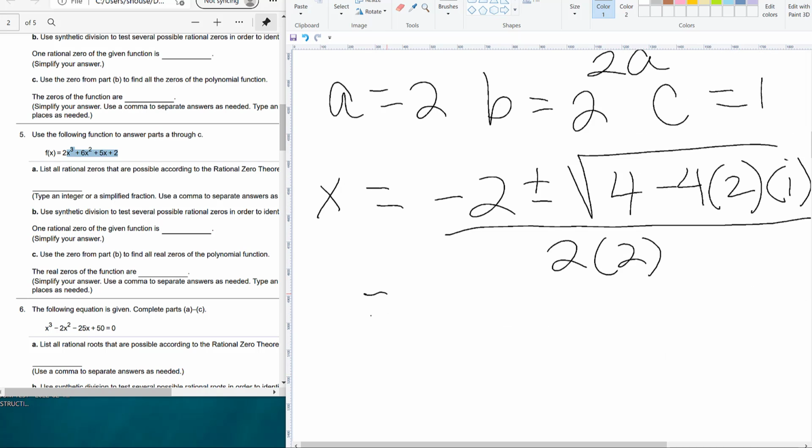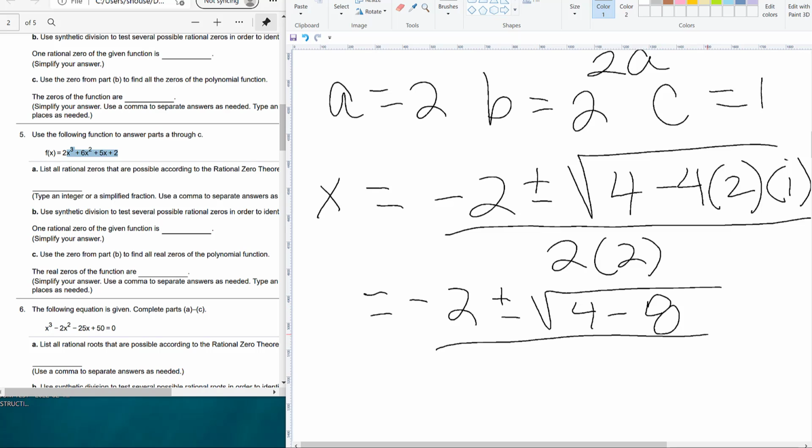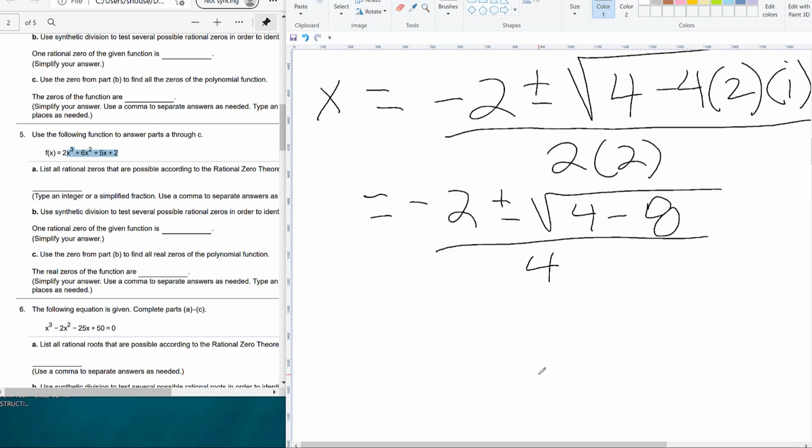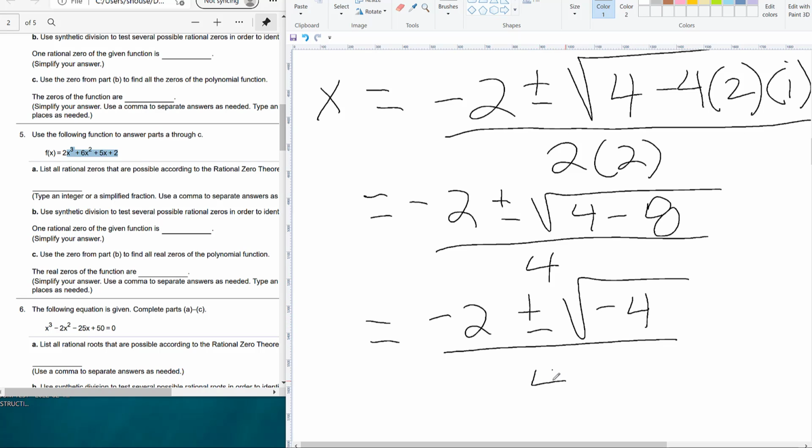And so I get negative 2 plus or minus the square root of 4 minus 8 over 4, and that's negative 2 plus or minus the square root of negative 4 over 4.